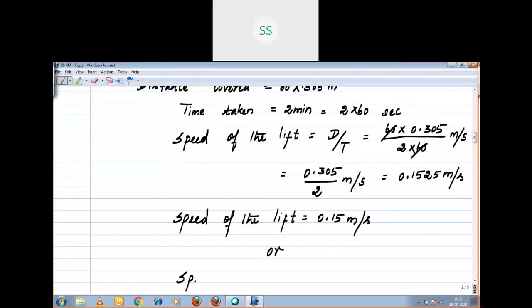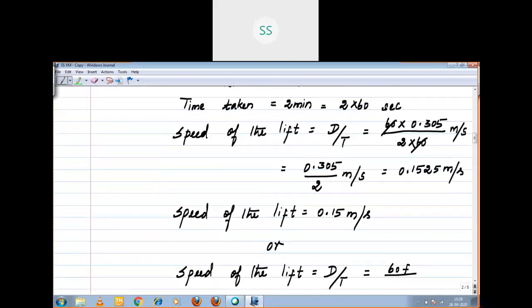Speed of the lift equal to the same formula, distance divided by time. Distance 60 feet divided by 2 into 60, feet per second.